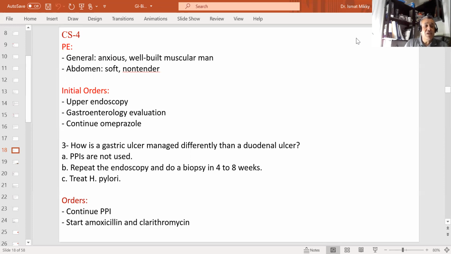And the indication for endoscopy in this patient was the failure of the anti-secretory therapy with the PPI, the failure of the PPI as a medication to stop the secretions in the GI tract. So the order is to continue the PPI and start amoxicillin and clarithromycin, which indicates the H. pylori is positive.